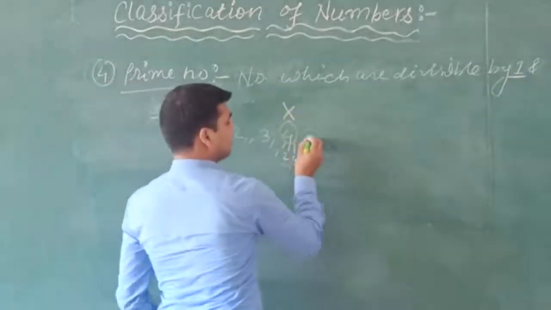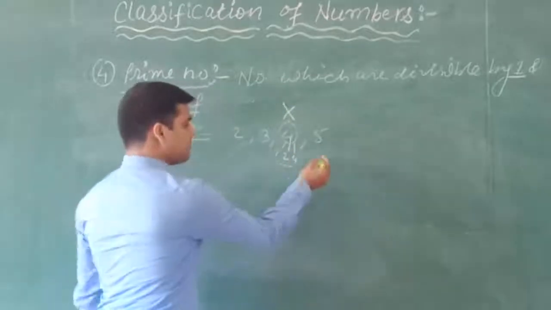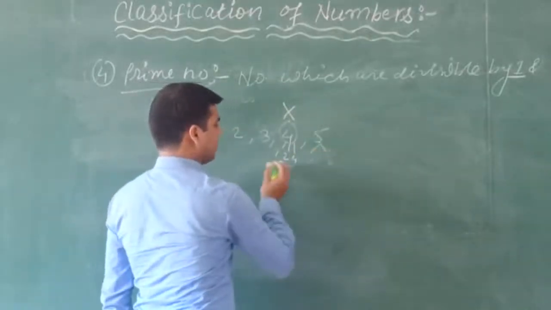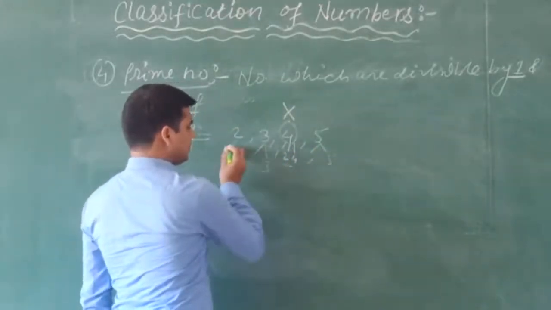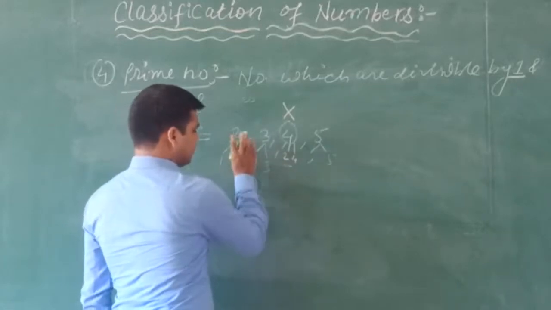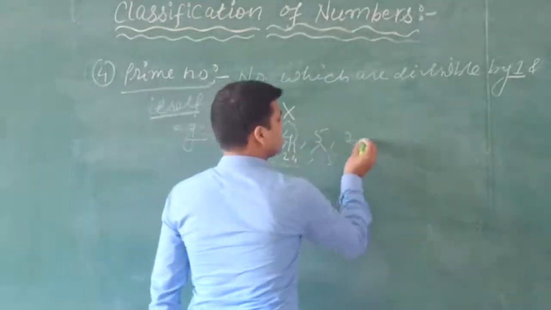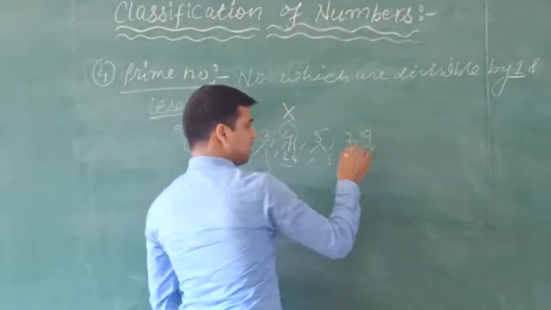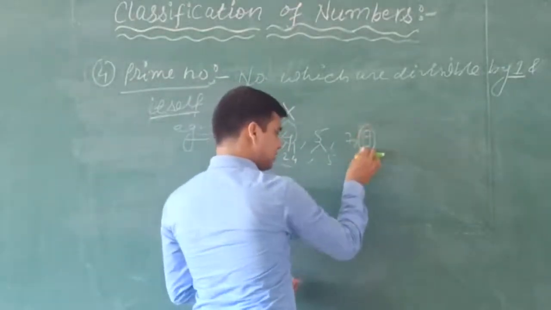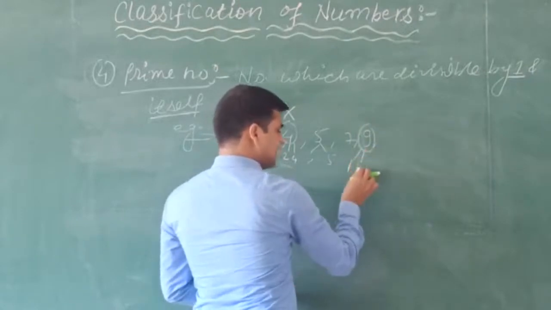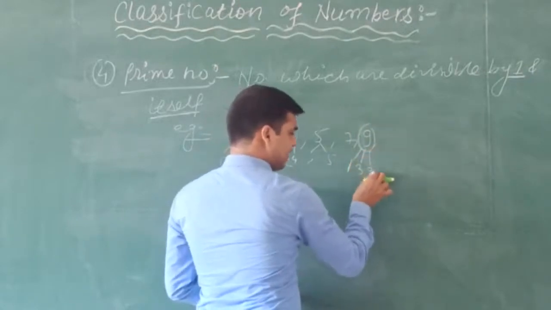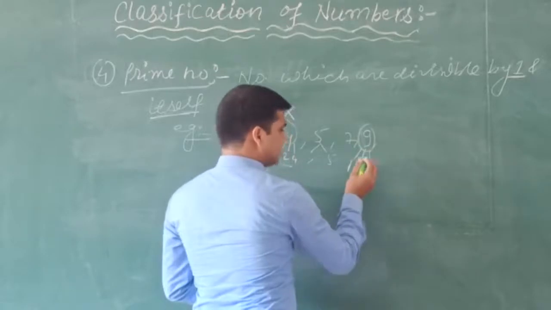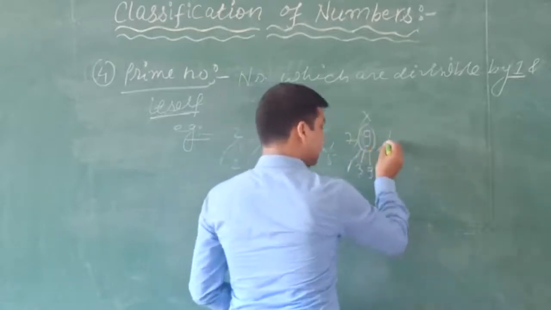5 is prime number? Yes, 5 is a prime number because 5 is divisible by 1 and itself. Okay, this 3 is divisible by 1 and 3, this 2 is divisible by 1 and 2. Okay, in the same way 7, 9. So 9 is also not a prime. Why is 9 not a prime? Because this 9 is divisible by 1, this 9 is divisible by 3, this 9 is divisible by 9. So because of this 3 it is not possible. 11, yes, 11 is prime.